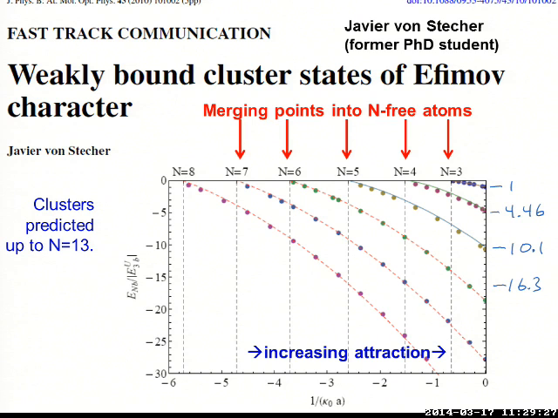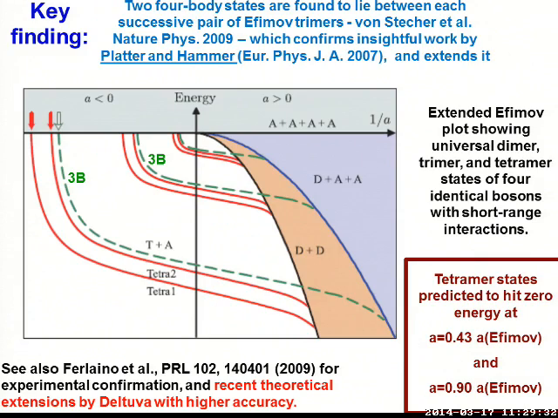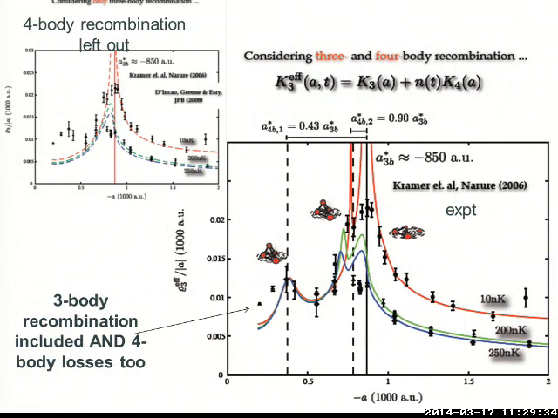And so since I'm out of time, I'll just flash up an experimental result showing that in fact the experiment has confirmed where the 4-body, there are actually 2 4-body resonances, and these are in comparison with our 4-body recombination calculations, from Rudy Grimm's group, their experiment.